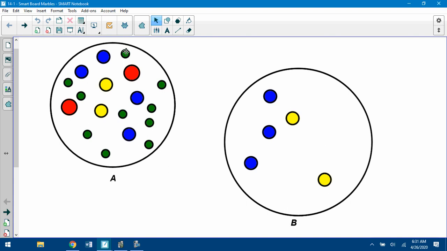We've got 1, 2, 3, 4, 5, 6, 7, 8, 9, 10, 11, 12, 13, 14, 15, 16, 17, 18. Looks like 2 out of 18.